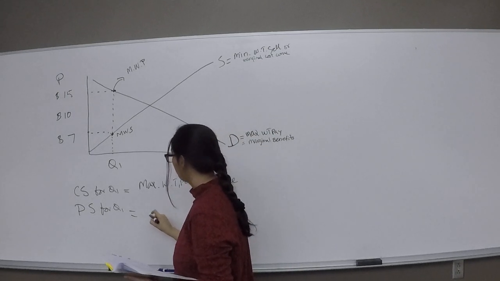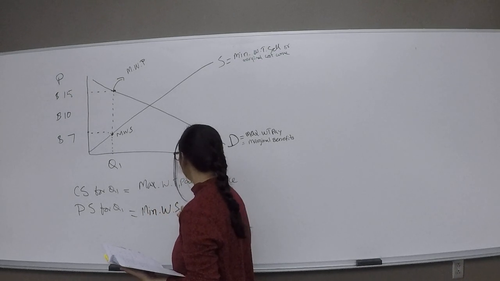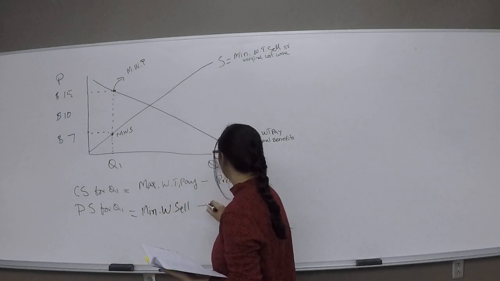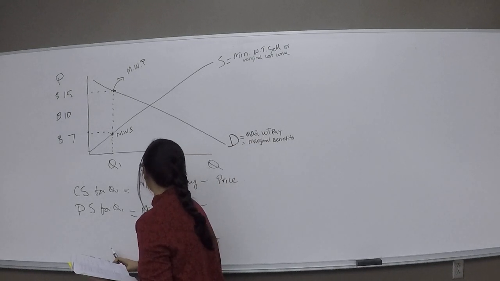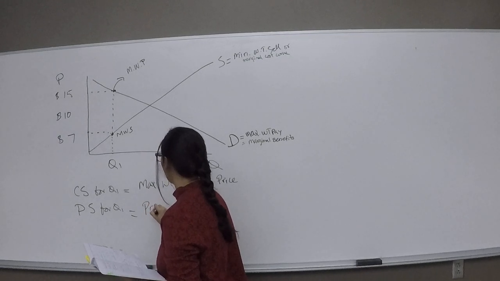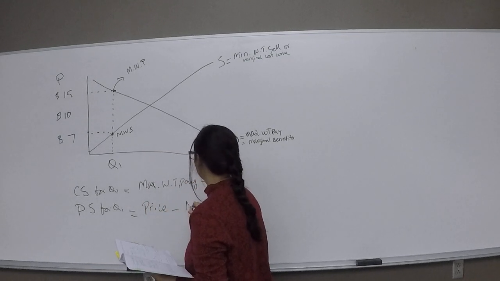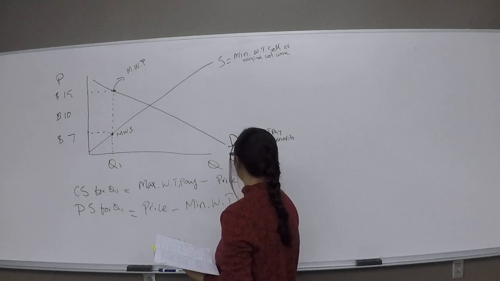For producer surplus, it is price minus minimum willingness to sell.